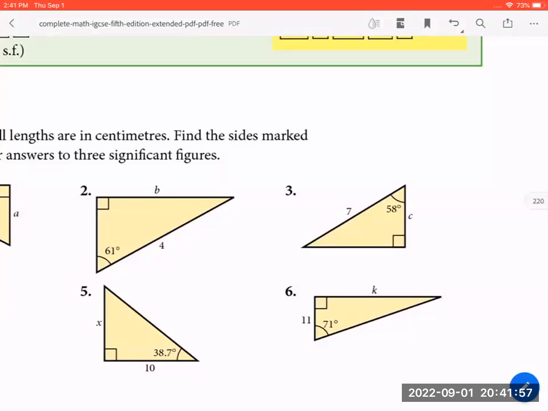This is for question number 5. Yes, can you send it to me, please? Yes. I was just doing it in the book, right? So it's not in a note. Okay.